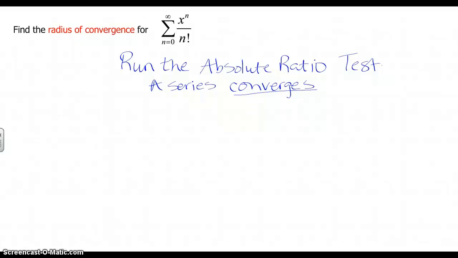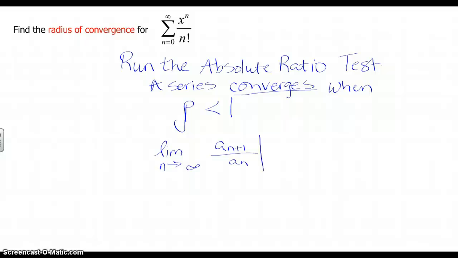A series converges when rho is less than 1. So what we're after is we're going to run that absolute ratio test of a sub n plus 1 over a sub n and we're going to get rho.